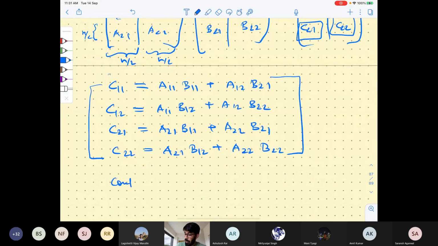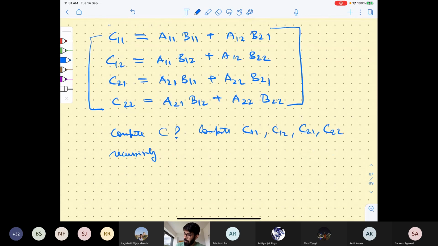So how do we compute C? Compute C11, C12, C21, C22 recursively. And how do you compute C11?